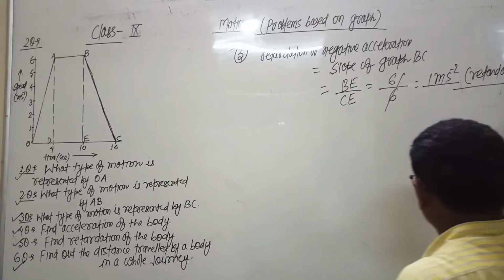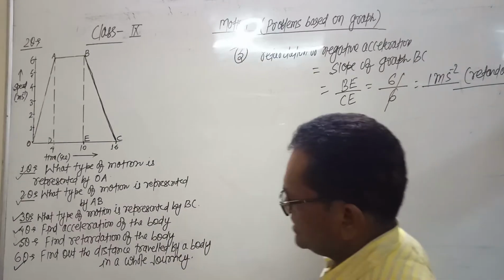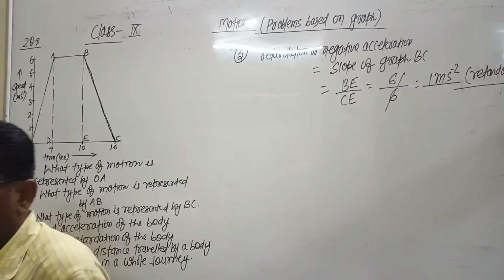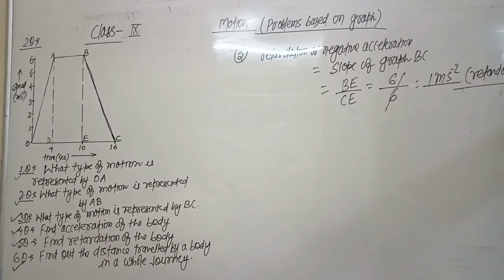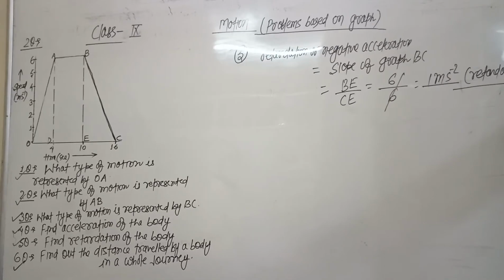So in a speed time graph, the area bounded by the graph is equal to the distance covered by the body.